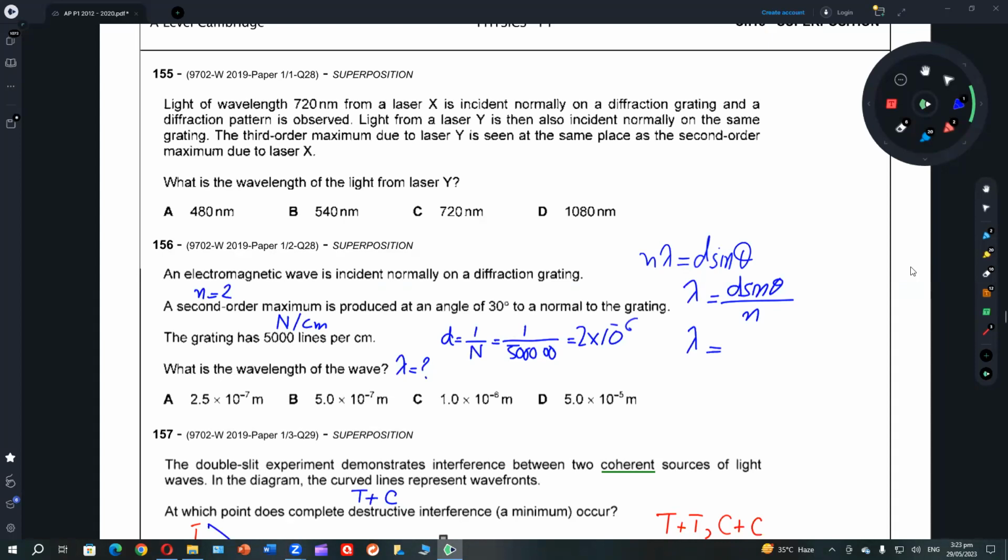The wavelength is 5 into 10 power minus 7. Wavelength is how much? 5 into 10 power minus 7. The B answer then.